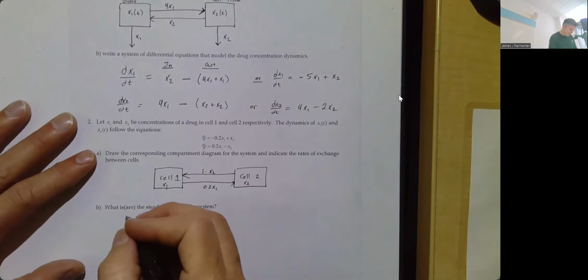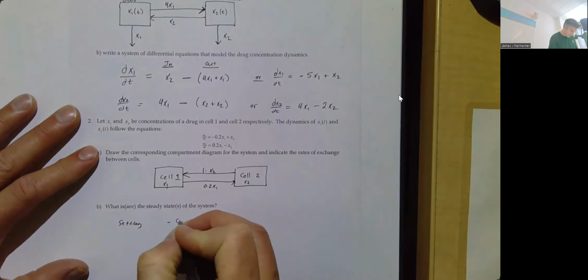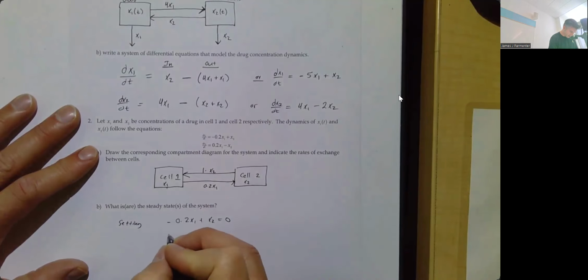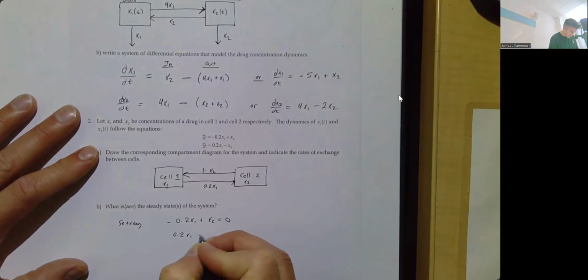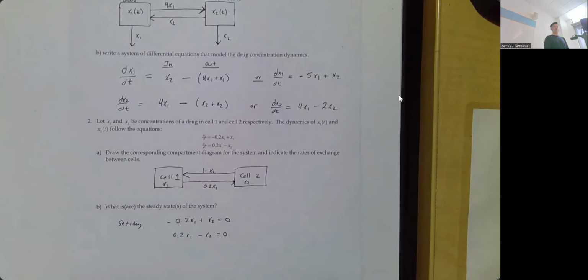If we try setting both negative 0.2 times X1 plus X2 equal to 0 and positive 0.2 times X1 minus X2 equal to 0, we might recognize that those are essentially the same equation. They're the same, just one's multiplied by -1 to get the other one.